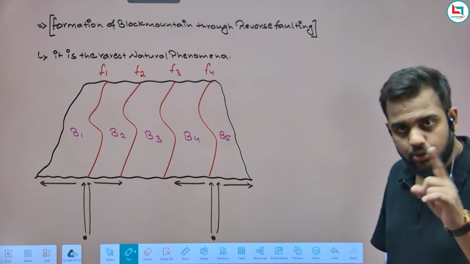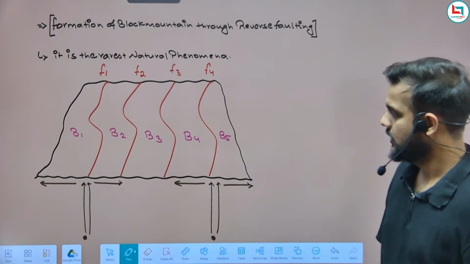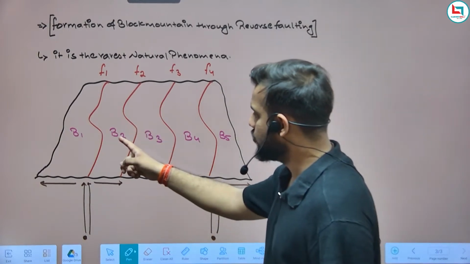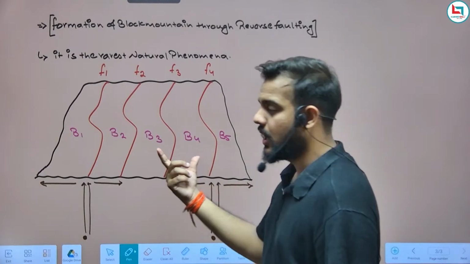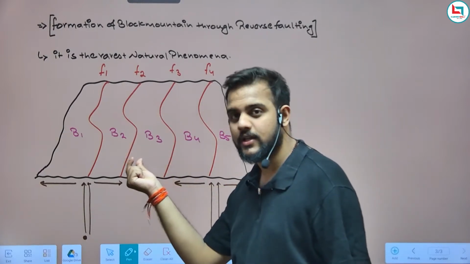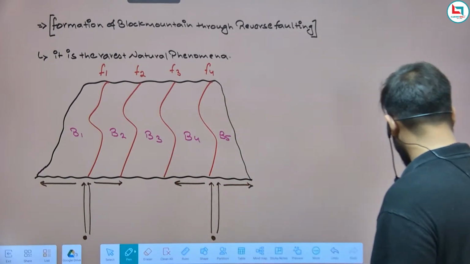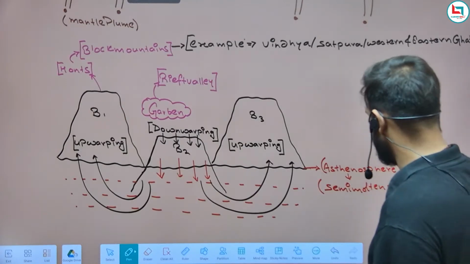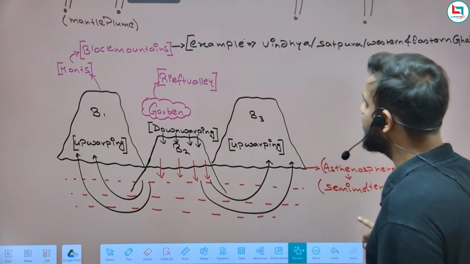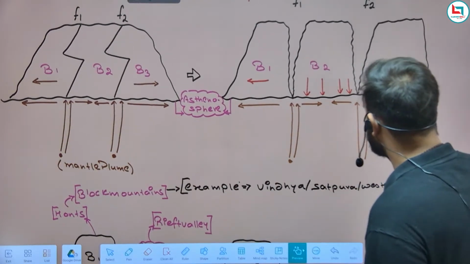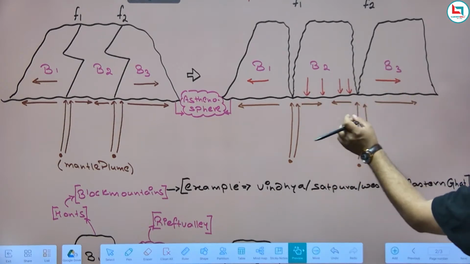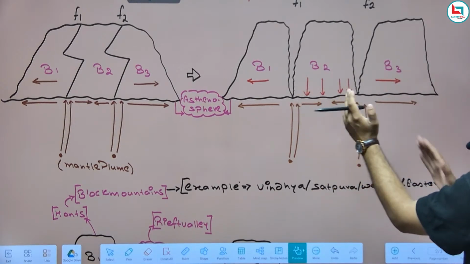Due to this, B2 and B4 are converging towards B3. But in this particular scenario, you could see that B1 and B3 are diverging from each other.